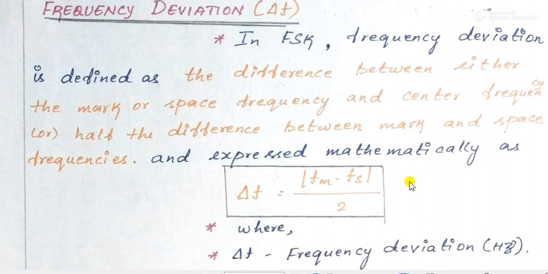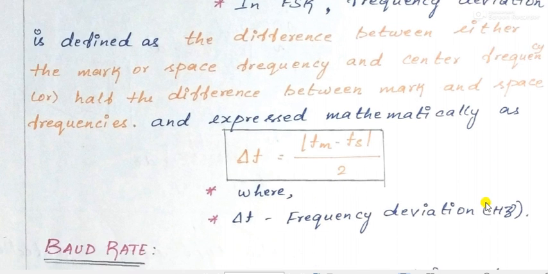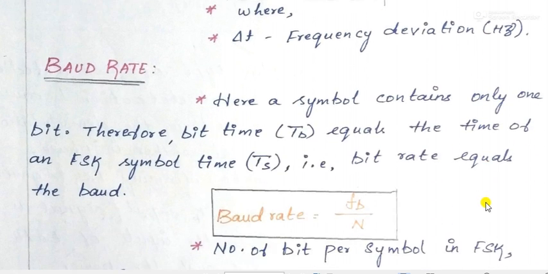Frequency deviation. Frequency deviation is defined as half the difference between the mark and space frequency. Mark frequency is Fm, space frequency is Fs. So half the difference between the mark and space frequency, that is divided by 2. So del f is equal to the frequency deviation. Baud rate.